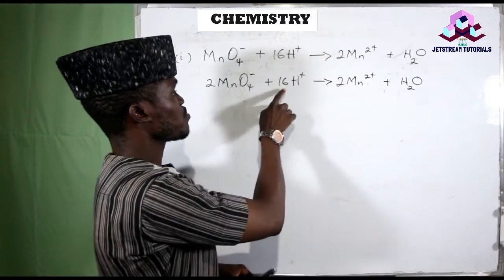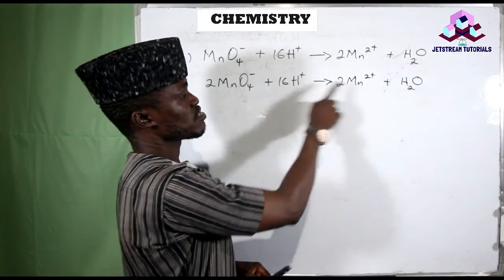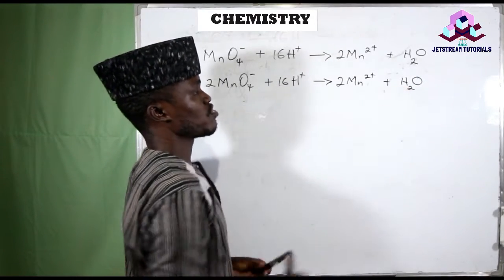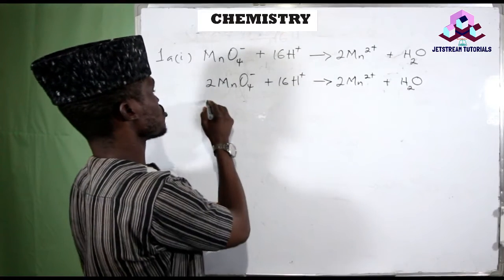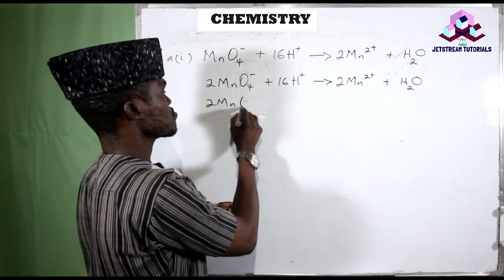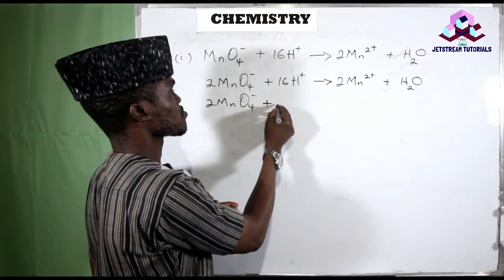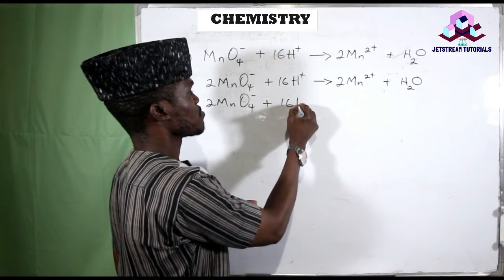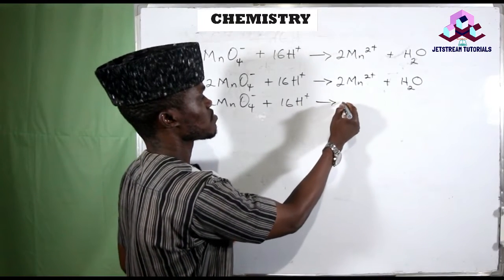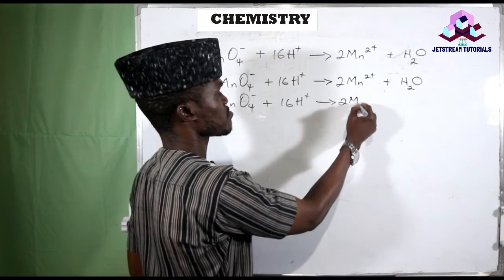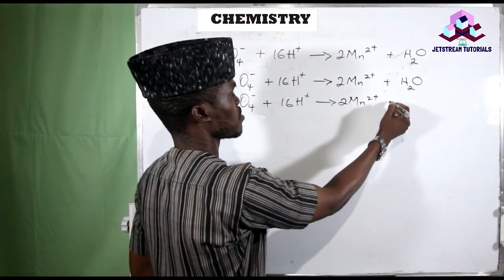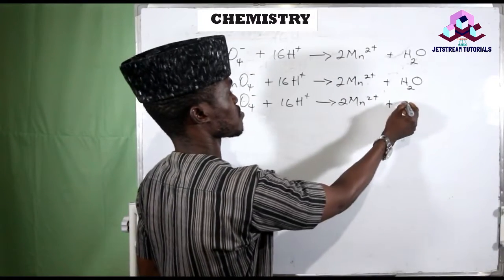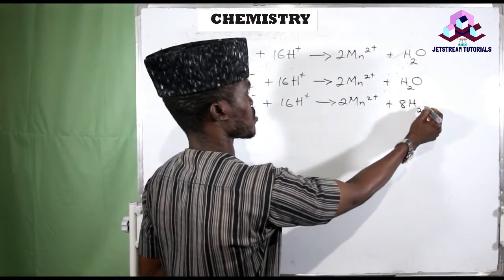Here we have 16 hydrogen, here we have only 2. So in order to balance this, we need to add 2 here, and then plus 8 moles of water.